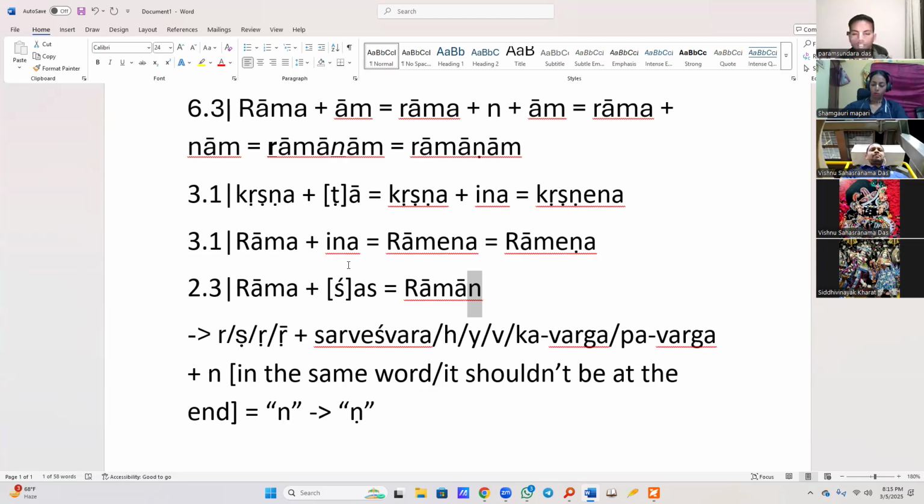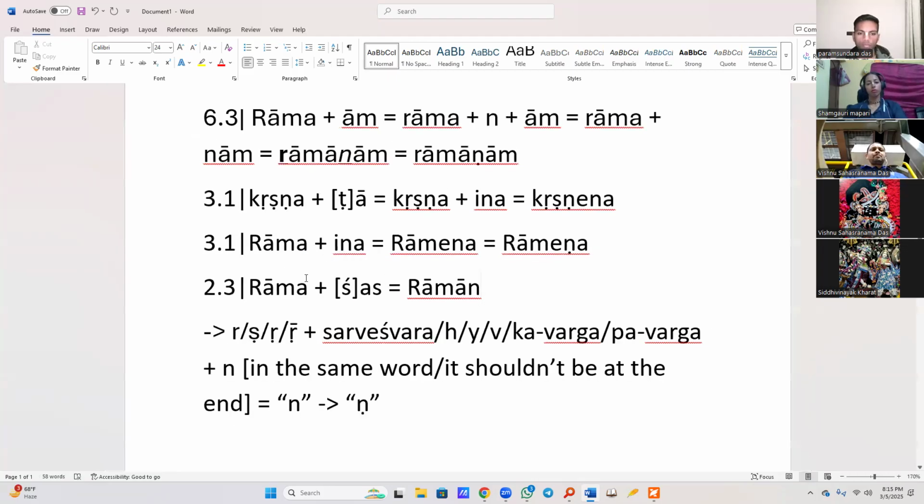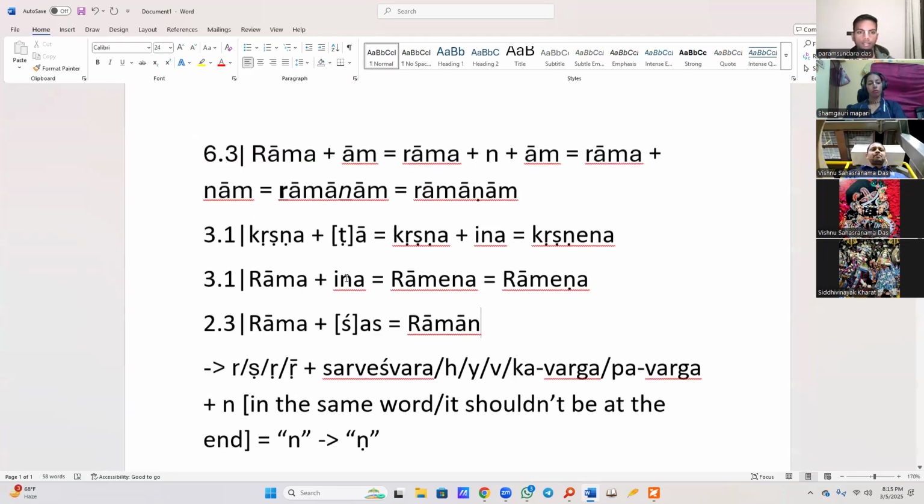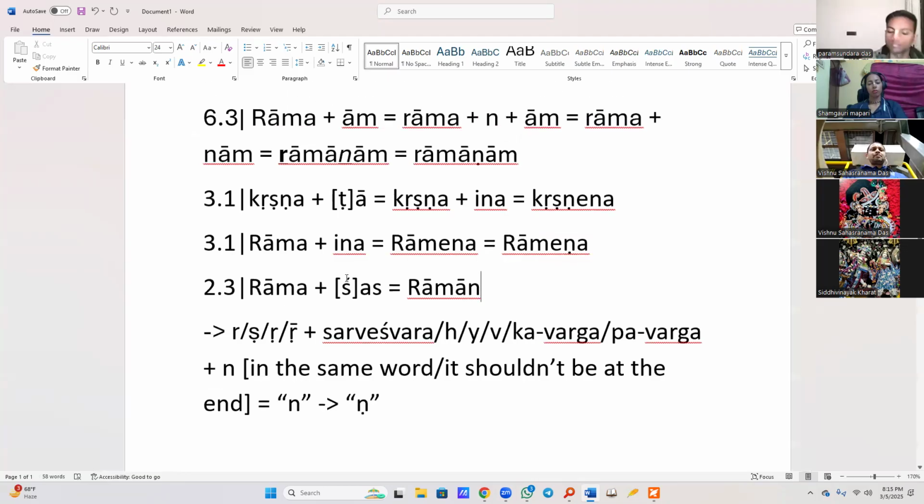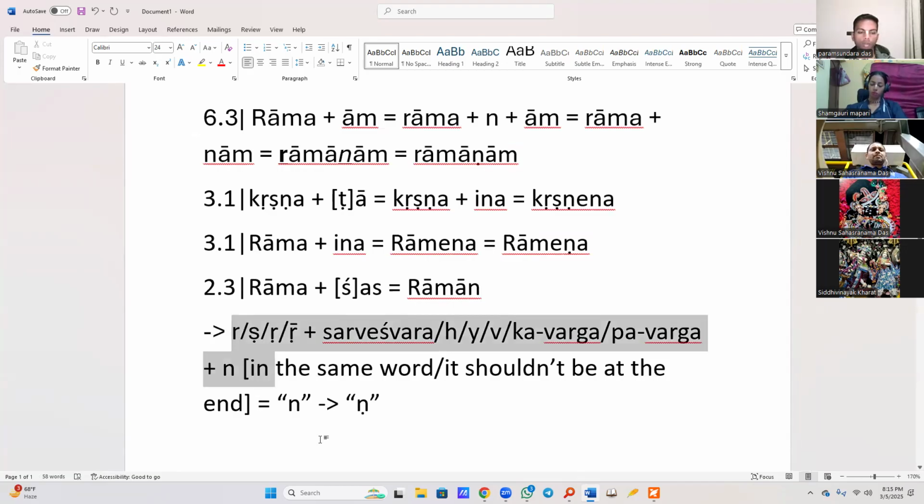It won't change into the Ta varga Na. So it remains Raman only. Yeah, so that was just one difference or addition or modification. And it can happen in any word, where these requirements are being fulfilled. It's not just for the word Rama.